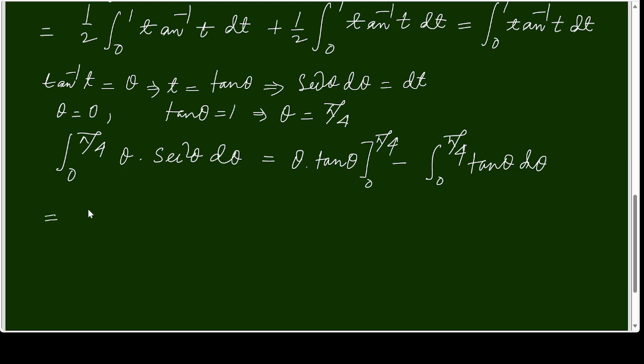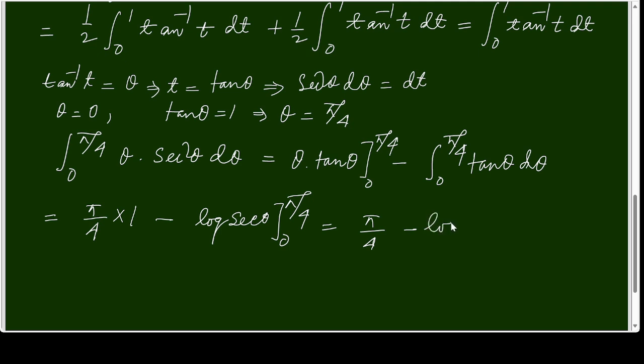Evaluating the first one, it will be pi by 4, and tan pi by 4 is 1, minus the integration of tan theta, which is log sec theta from 0 to pi by 4. So I am getting pi by 4 minus log sec pi by 4 minus log sec 0, which is 0.